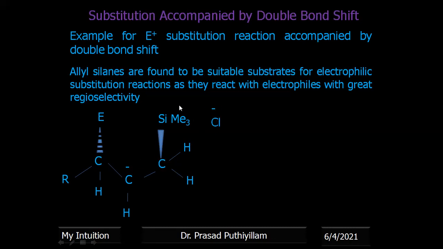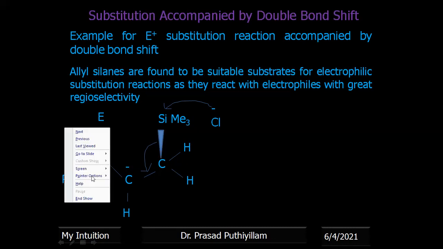Then Cl minus takes the trimethylsilane and the bond shift takes place. Then it forms a double bond. This should be a positive charge, not a negative charge, because the electron density has gone to the electrophile. Surely this should get a positive charge only. So I'll try to correct it there only.